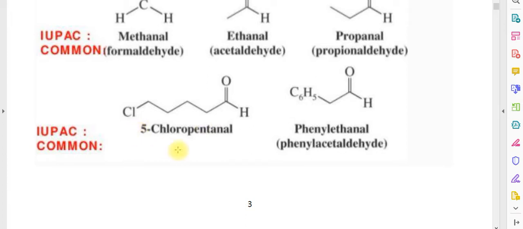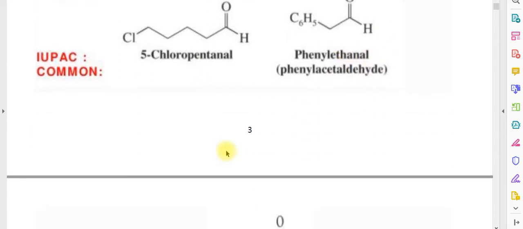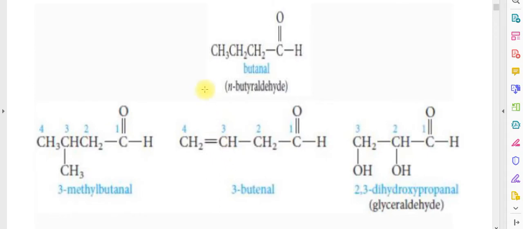So this is 5-chloropentanal, and this is a phenyl group, C6H5 group, so phenylethanal, also called phenylacetaldehyde, which is a common name. Another one is butanal, so this carbon is numbered 1, 2, 3, 4.